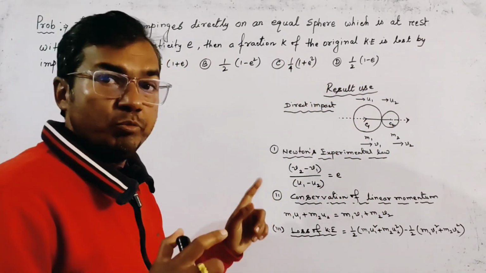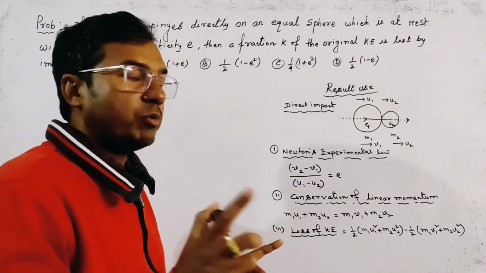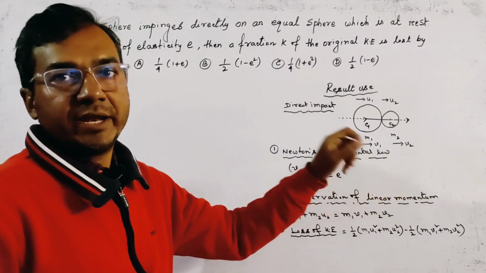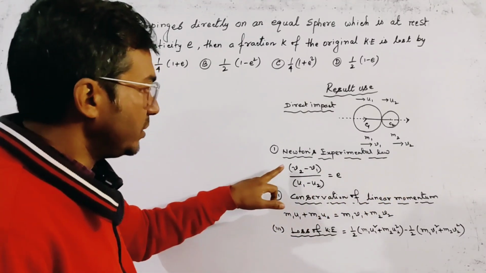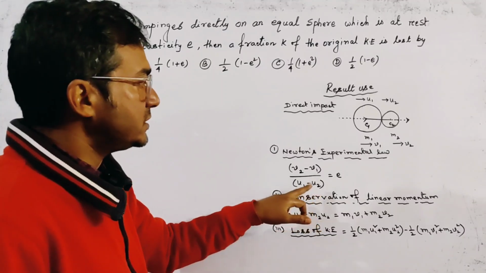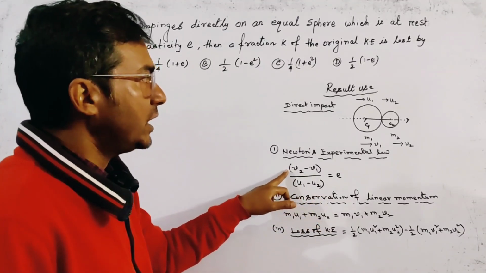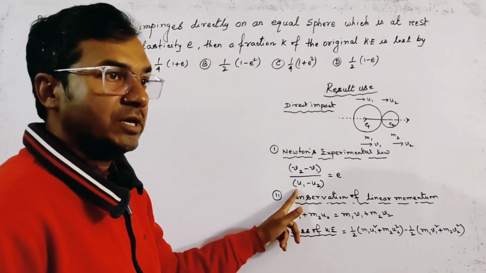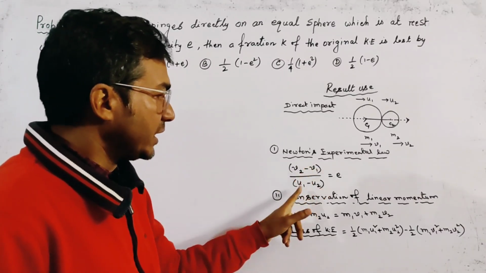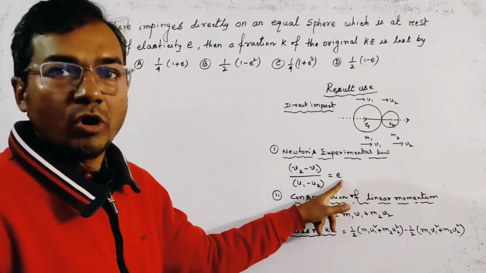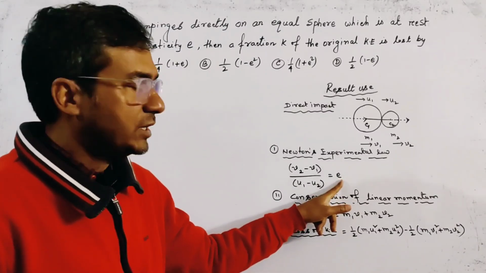An important formula is Newton's experimental law of direct impact: (v2 minus v1) by (u1 minus u2), the difference of velocities after and before collision taken in reverse order, is equal to the coefficient of elasticity or restitution, right?